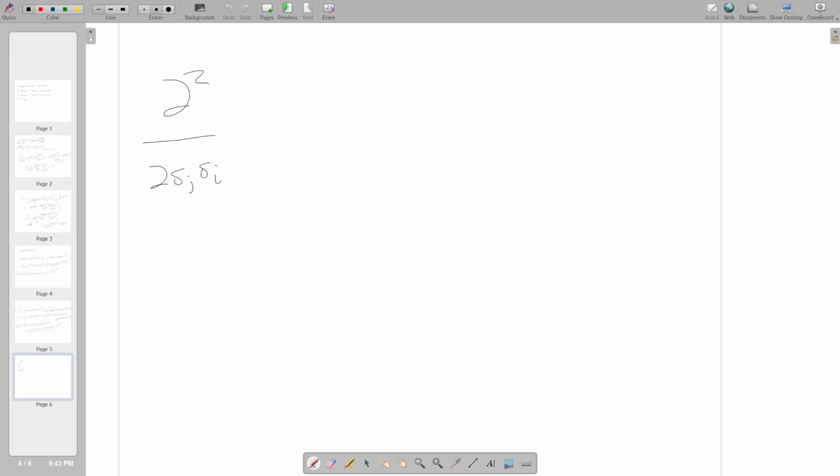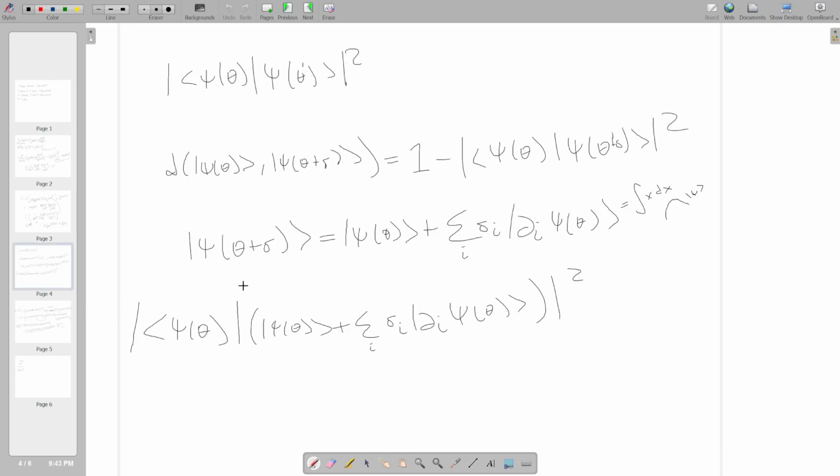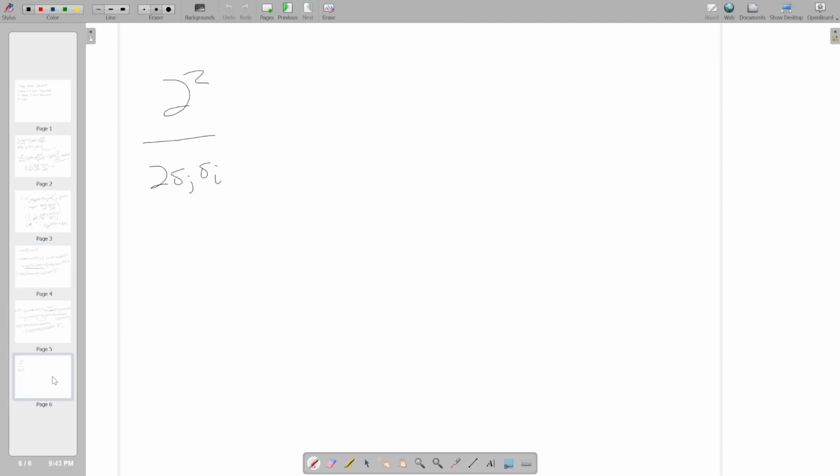However, there's one more thing that we have to take into consideration, and that's the fact that when we wrote out this handy equation earlier, right here, this has to be a pure state. So we have to have that this inner product of delta plus theta, squared, has to equal 1 because this is a pure state.